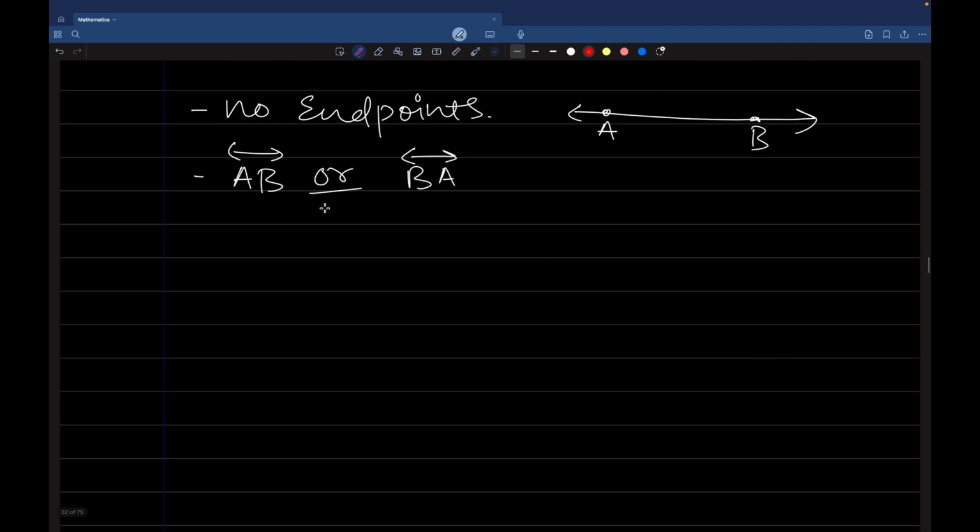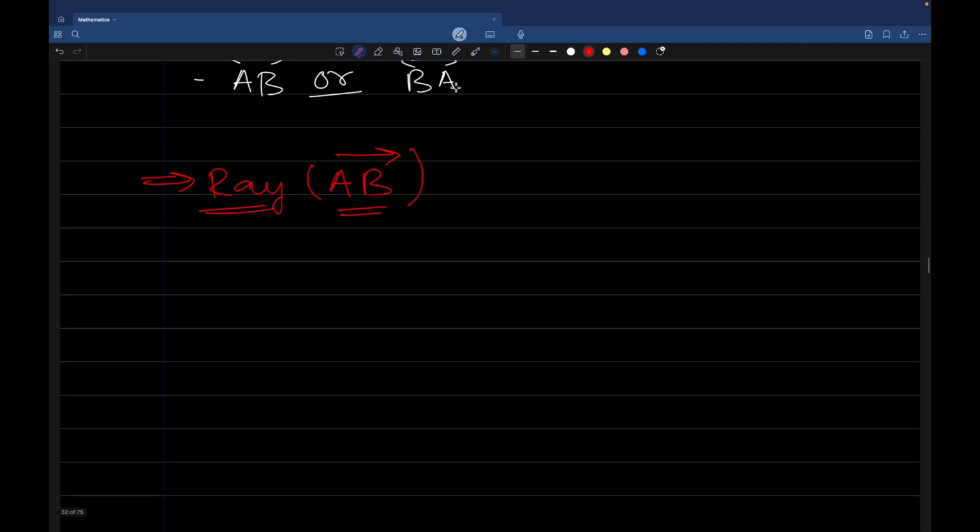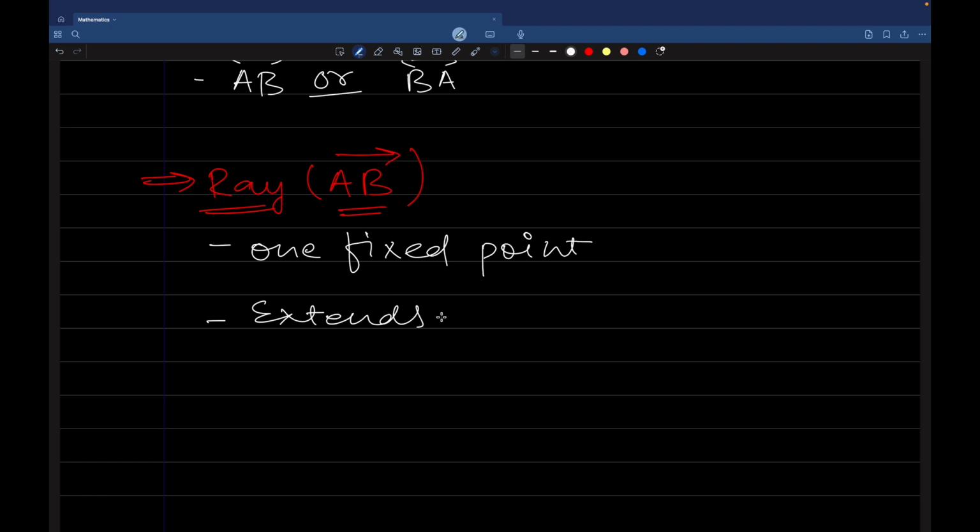Now let's note down a few points about ray. Ray is represented by AB and an arrow in one direction. Ray has one fixed point and extends endlessly in the other direction.